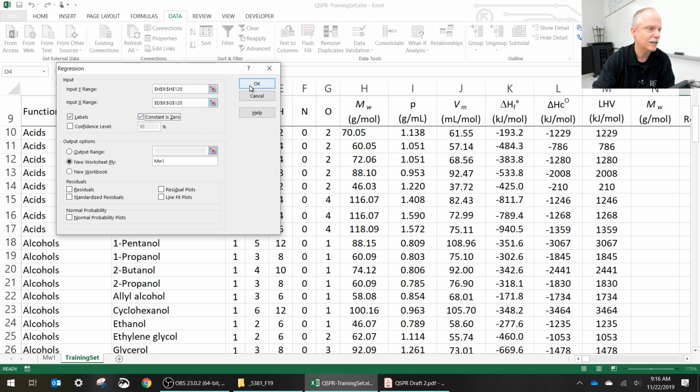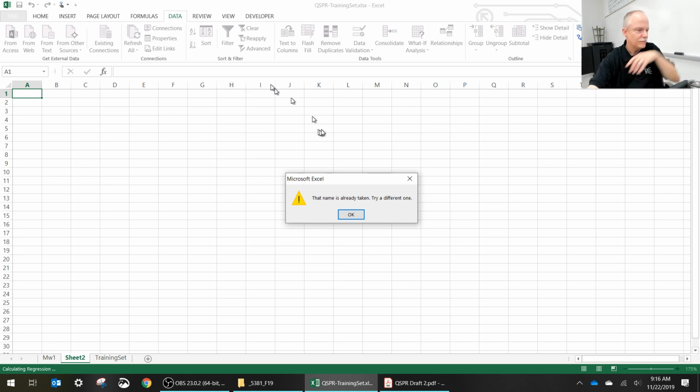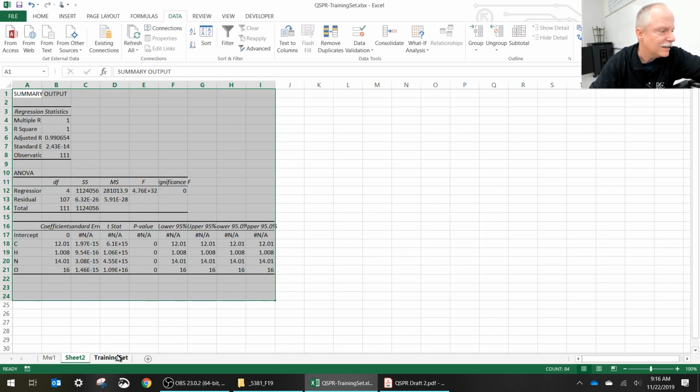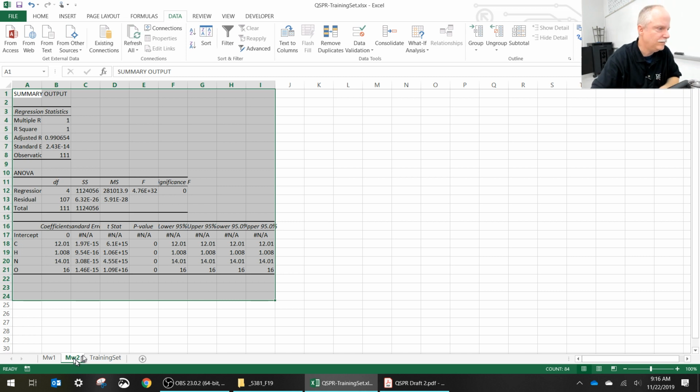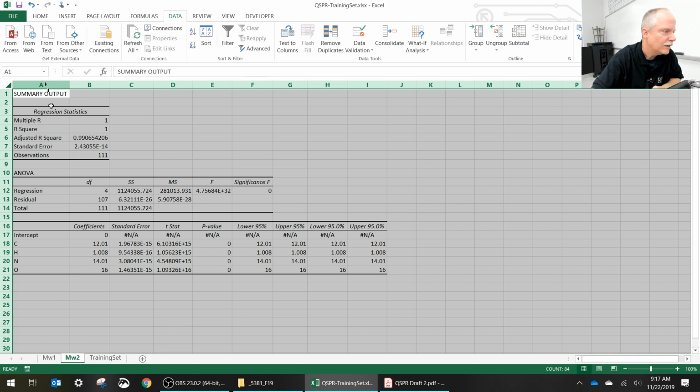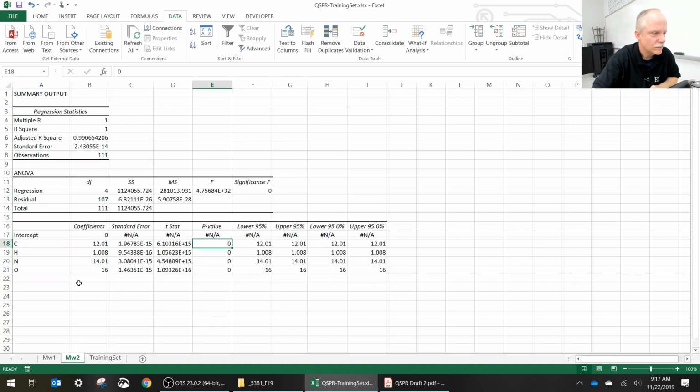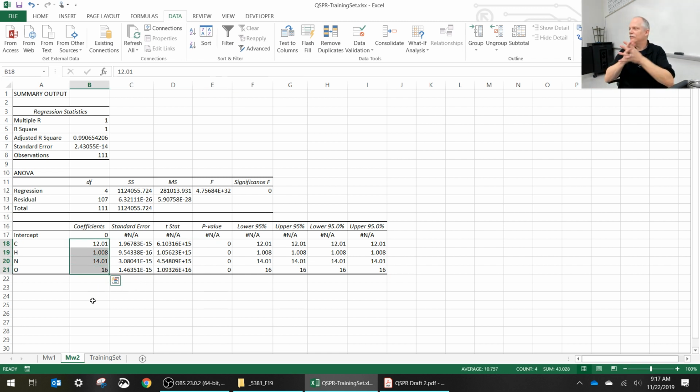Oops, I messed up because I didn't change the name of the regression. So I'm going to call it MW2. And so that's pretty amazing that we have 0 p-values, and we've nailed the masses of carbon, nitrogen, hydrogen, and oxygen.